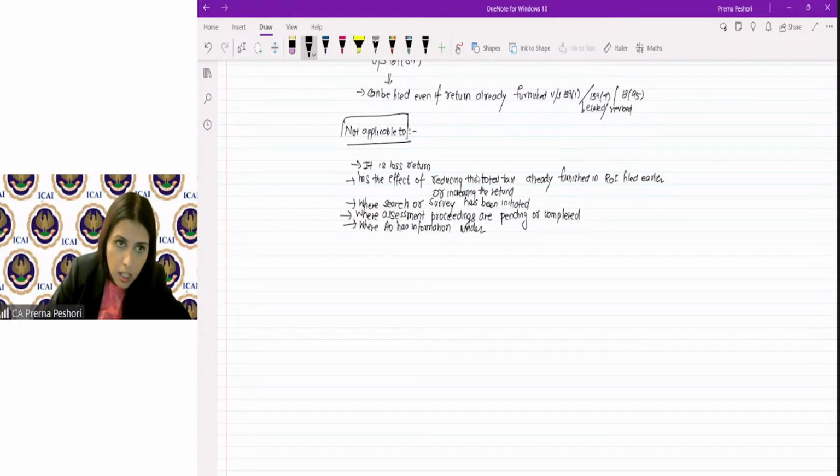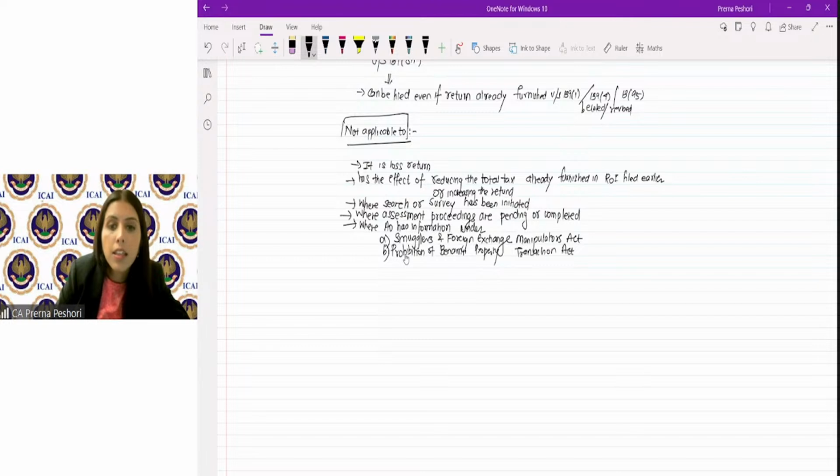the Smugglers and Foreign Exchange Manipulators Act, the Prohibition of Benami Property Transaction Act, then the Prevention of Money Laundering Act, PMLA, then the Black Money Law, BML.